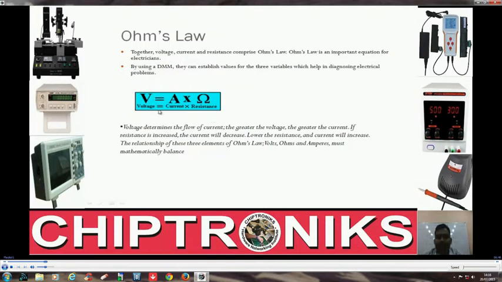So this is a relationship between voltage, current and resistance. If you increase the voltage, your current will increase, but if you increase the resistance, your current will decrease, because resistance is a restriction to flow of current. I think I am very clear with what I have told right now.